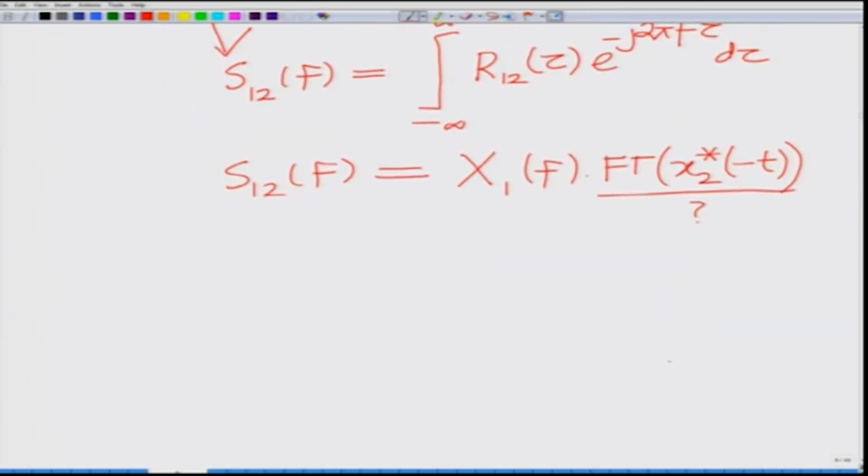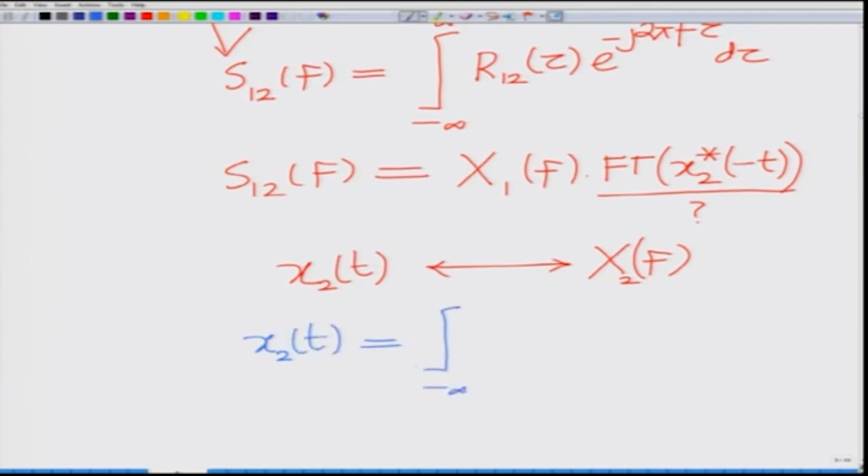Now, we know that if x2(t) forms a Fourier transform pair with X2(f), then x2(t) is given by the inverse Fourier transform, that is, the integral of X2(f) e to the power of j 2 pi f t df.